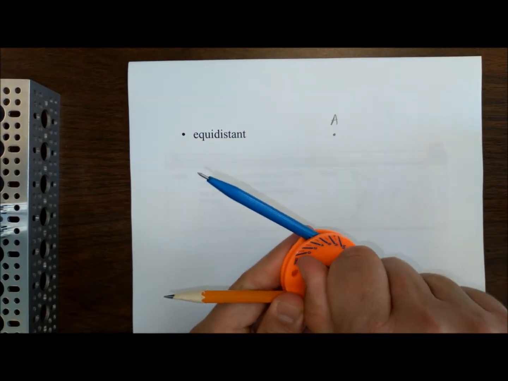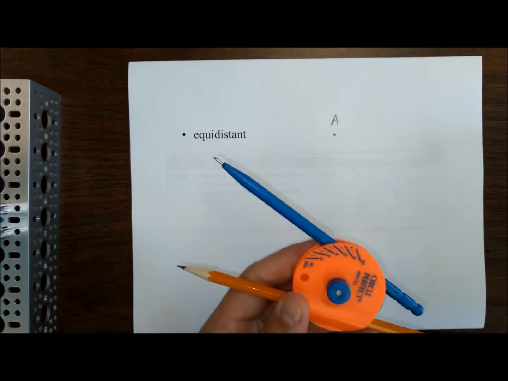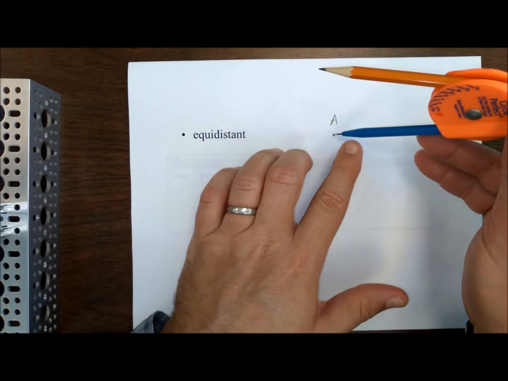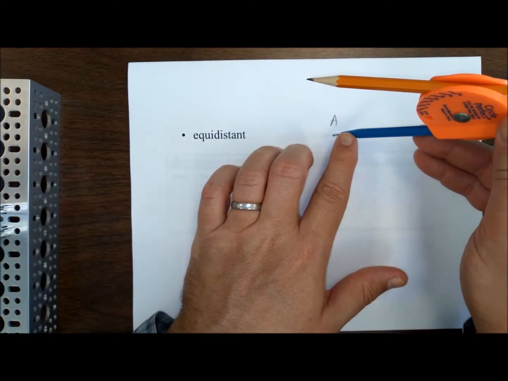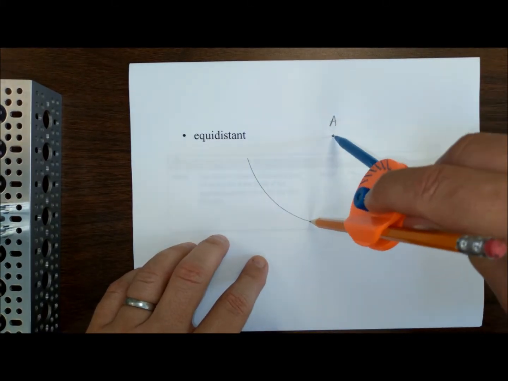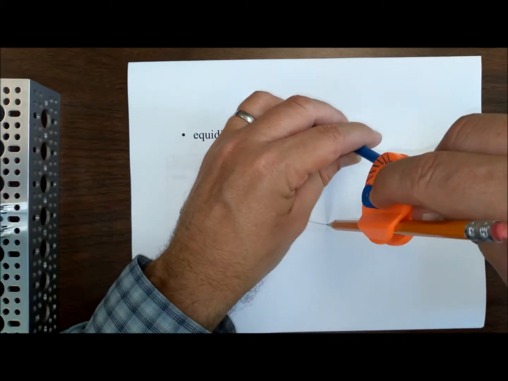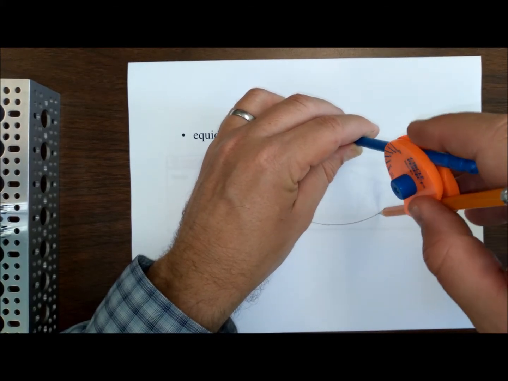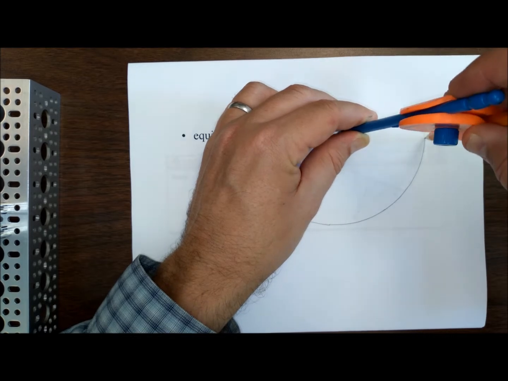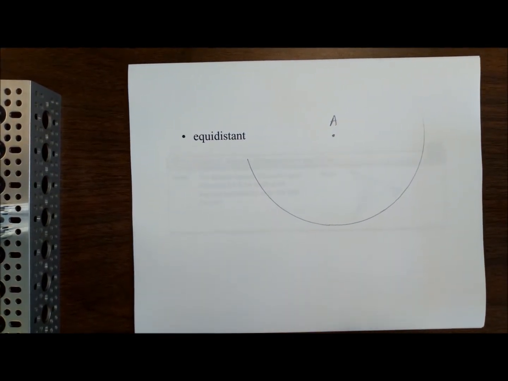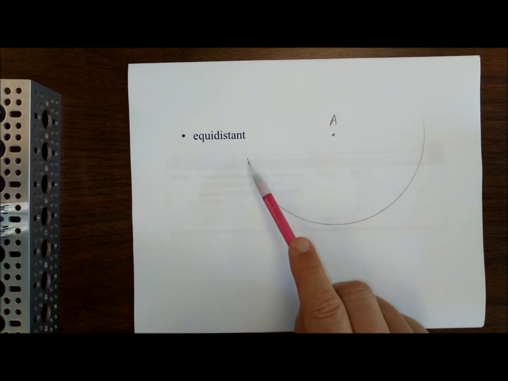Okay, and the reason I'm showing this to you now is because it helps demonstrate this concept of equidistant. If I plant the center of my compass on point A and I strike an arc, well, I can declare, as long as I don't screw it up, that every point that lies along this arc is equidistant from point A, okay?